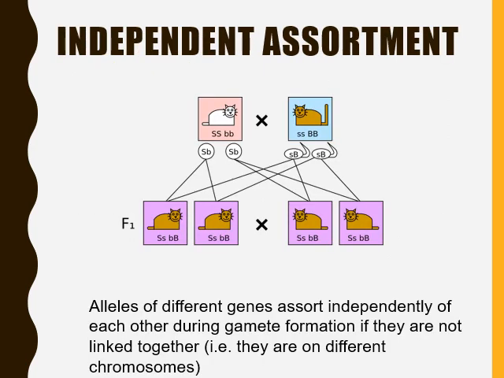Right, we were talking about Mendel. So we've got the law of segregation. This is the law of independent assortment. Here we have alleles of different genes assort independently of each other during gamete formation, if they're not linked, that is, they're not on the same chromosome. So we've got 2 chromosomes here, 2 tetrads.